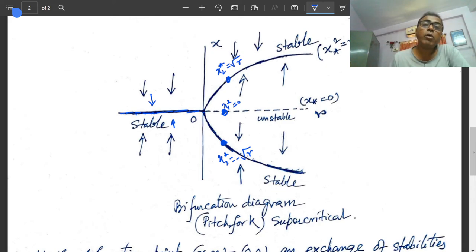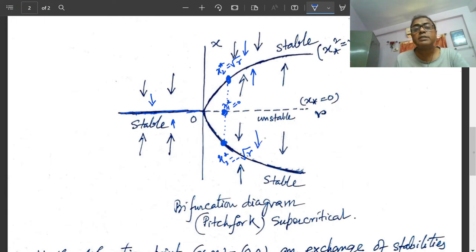And for a particular positive value of r, we get 3 equilibrium points. x2 star is positive, and this is also stable, so draw here an arrow towards this branch. And also x3 star, minus root r, is a stable branch equilibrium point.